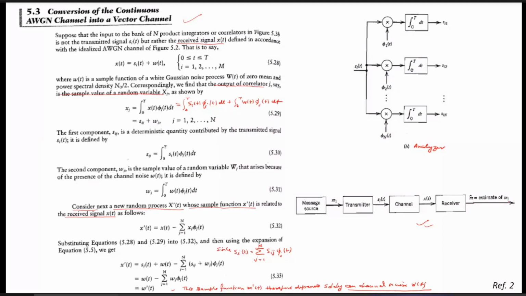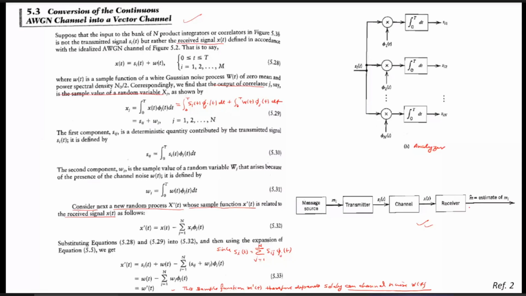Now we will look at the receiver. Our aim is maximum likelihood detection, that is, how the receiver can detect this m_i with the minimum probability of error. Before going to that concept, we need to study something about the channel.